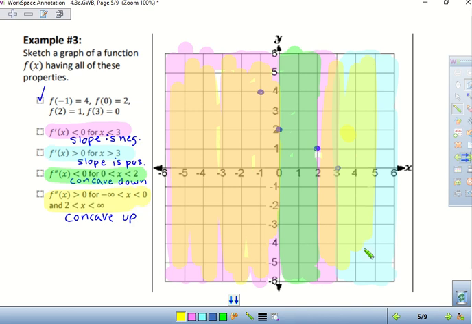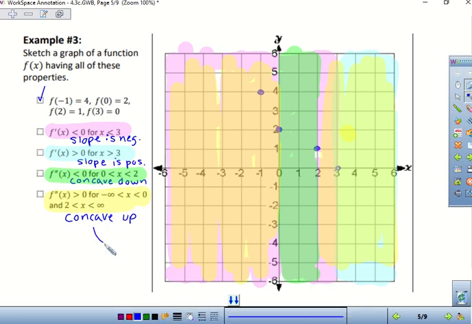So you don't really need to do the highlight. It helps you visualize what's happening and understand all the rules. Over on that side of the board, I just drew what each of those look like. Concave up looks like this. Something is concave up when it has this appearance.